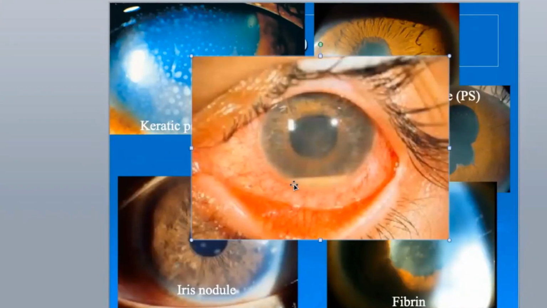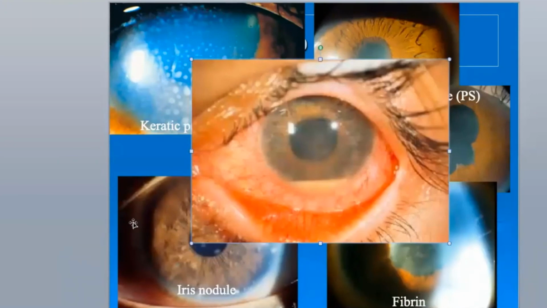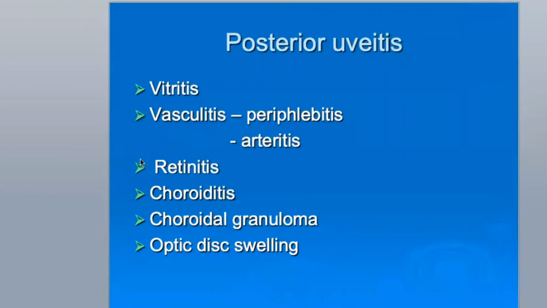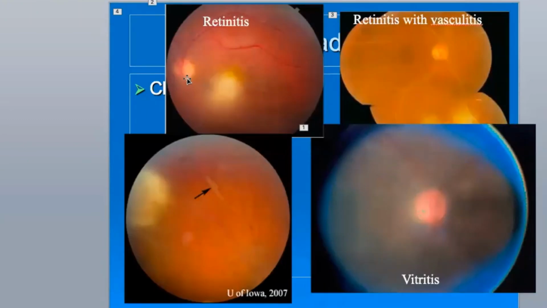The causative factor is tuberculosis, number 1. The rest are autoimmune diseases. Okay, posterior uveitis is at the posterior. When you see the patient, the cornea looks clear, the pupil looks clear, there's no posterior synechiae, but when you do funduscopy, you see retinitis.